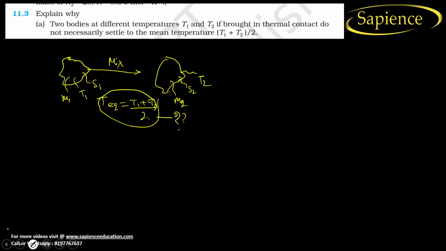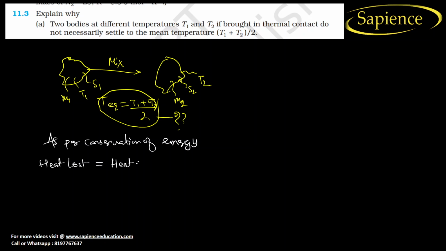Now, as per the conservation of energy, heat lost is equal to heat gained. So this thing we know. Let us consider T1 is the high temperature and T2 is the low temperature.